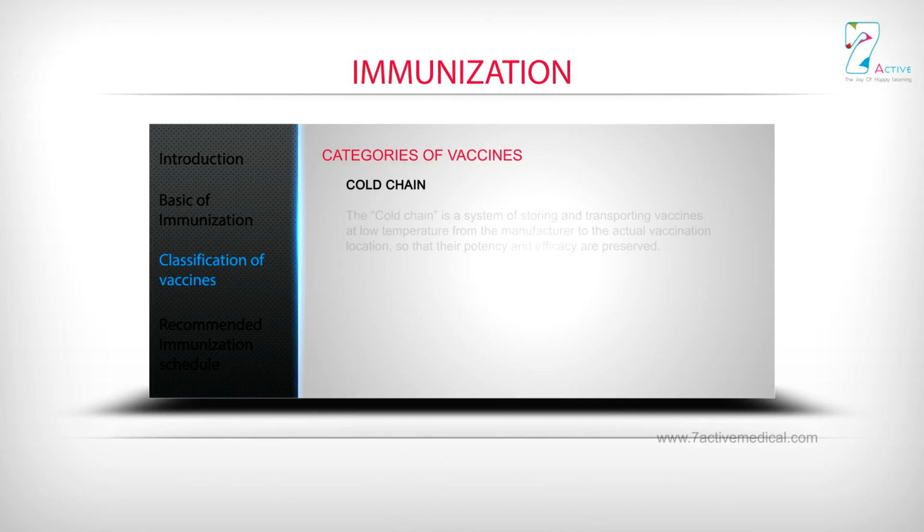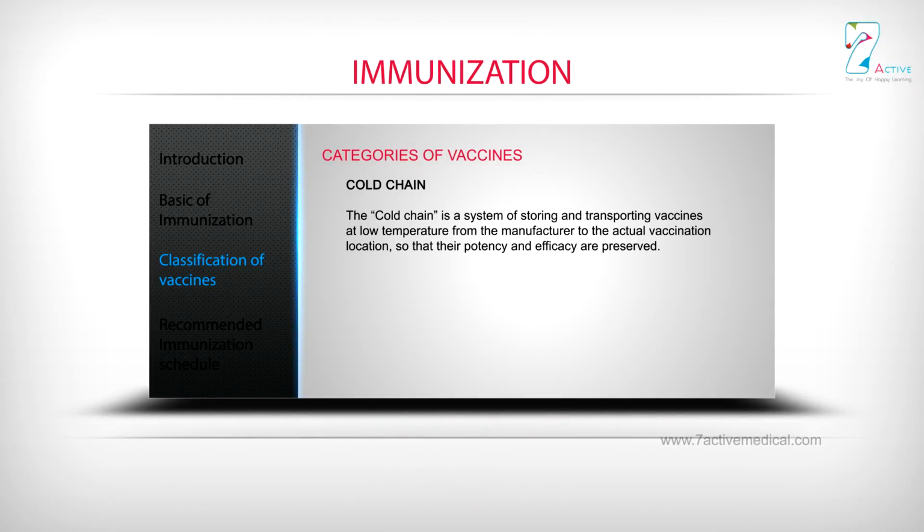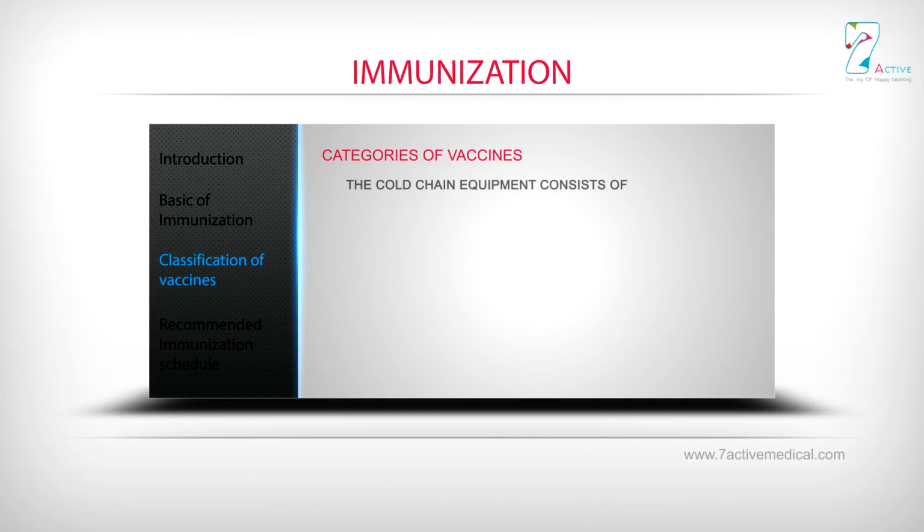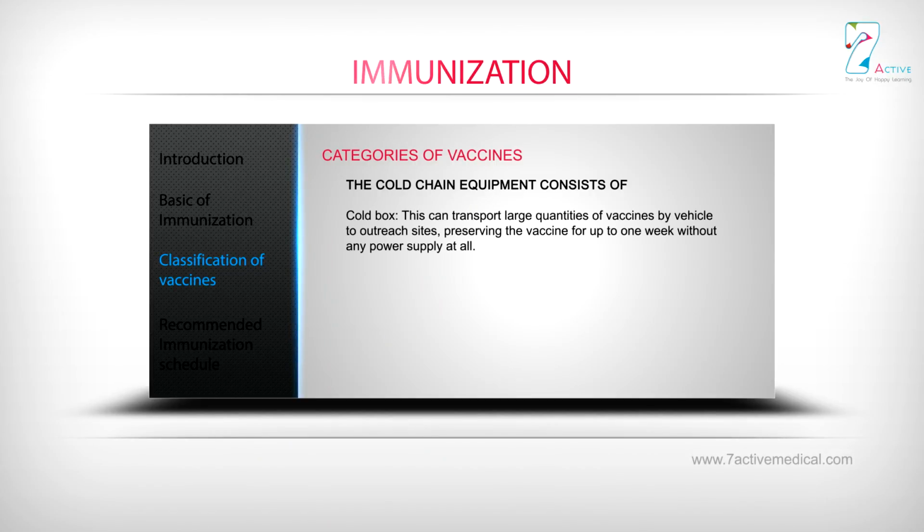Cold chain: the cold chain is a system of storing and transporting vaccines at low temperature from the manufacturer to the actual vaccination location so that their potency and efficacy are preserved. The cold chain equipment consists of cold box.